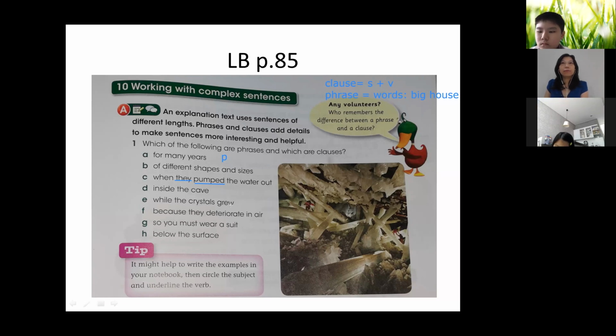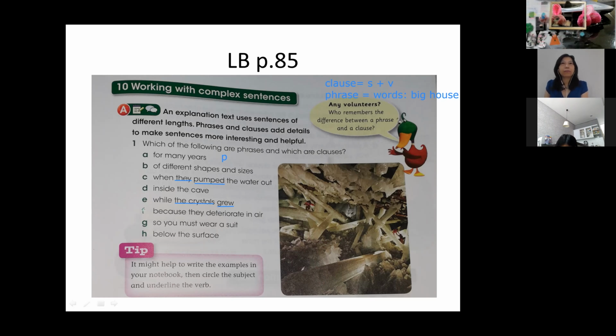Phrase. A phrase. Good job. What about E? Clause. Which one is the subject? Crystals is the subject and the verb is grew. Yes, the verb is grew. Good job, children.